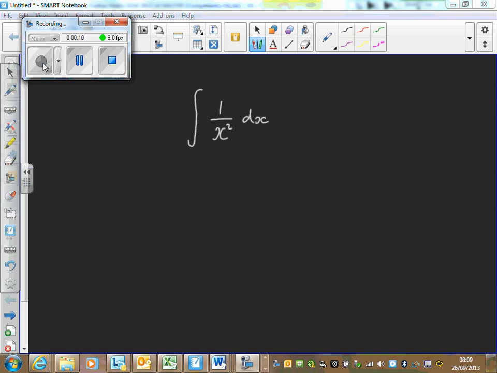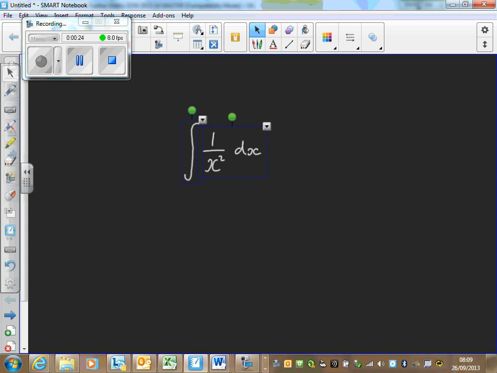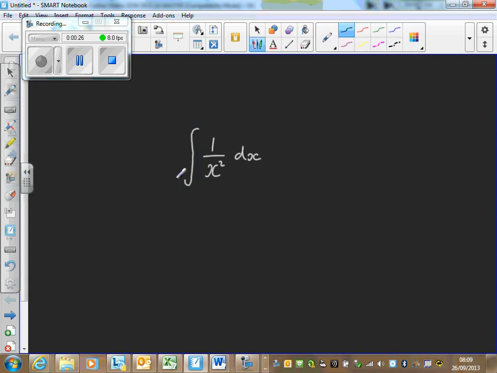This is going to be the kind of reverse of the chain rule which we learned today in terms of integration, and we're going to learn a very powerful technique called integration by substitution.